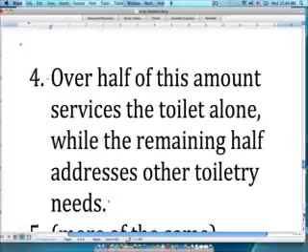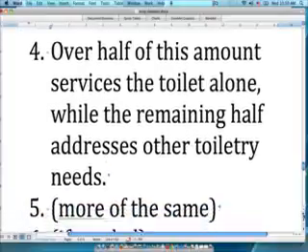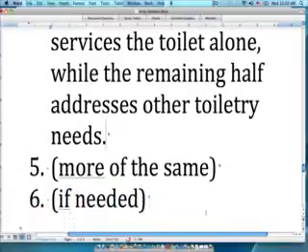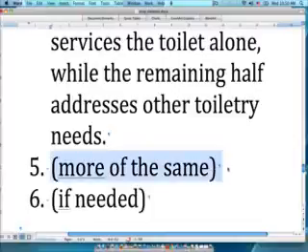Okay, let's go to sentence number 5. Here I've written more of the same, which just means that we're going to continue talking about the more minor details in our data source. So let's see, we had some water that's going to be used for the lawn. That's the next biggest thing. So let's talk about that in this sentence.